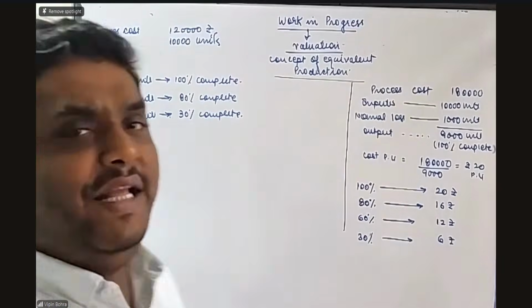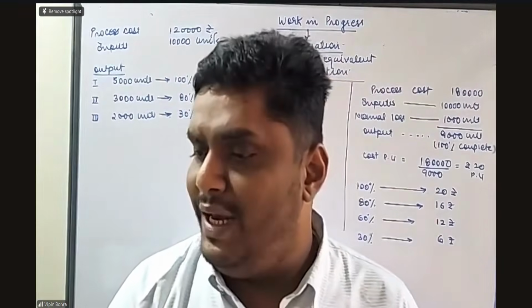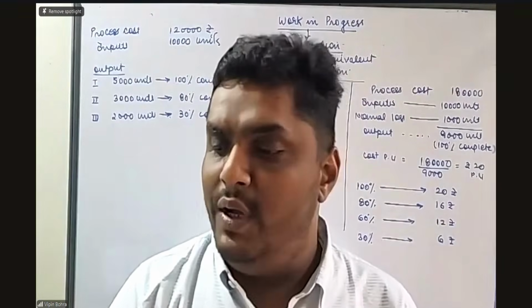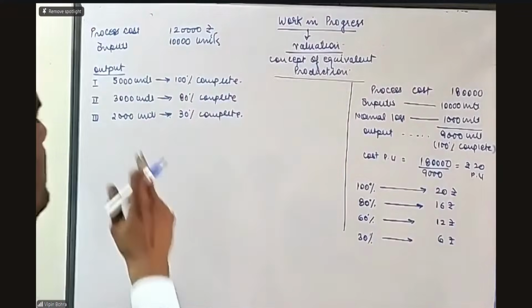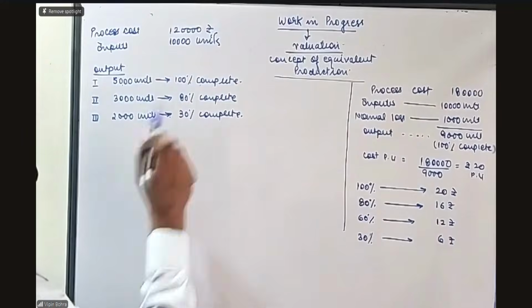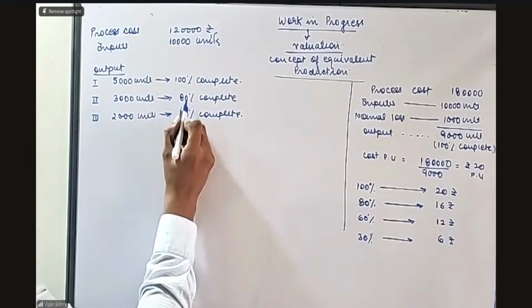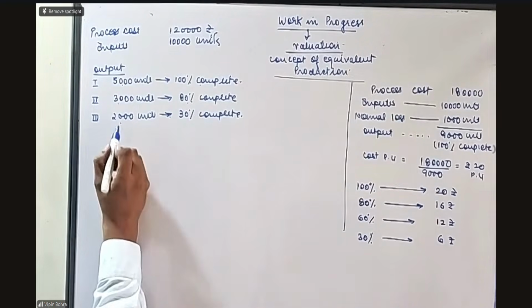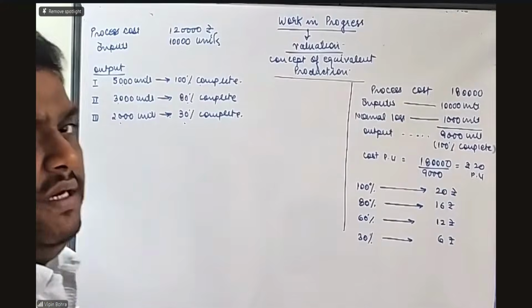So these were the details. Herein the process cost was 1,20,000. My inputs were 10,000. When talking about the output, we got three categories of output. That is 5,000 units were 100% complete, 3,000 units were 80% complete, 2,000 units were 30% complete.